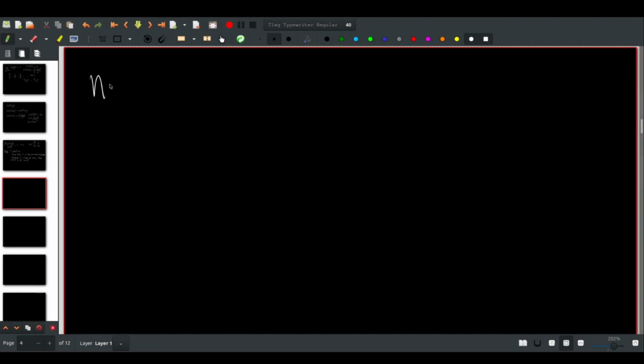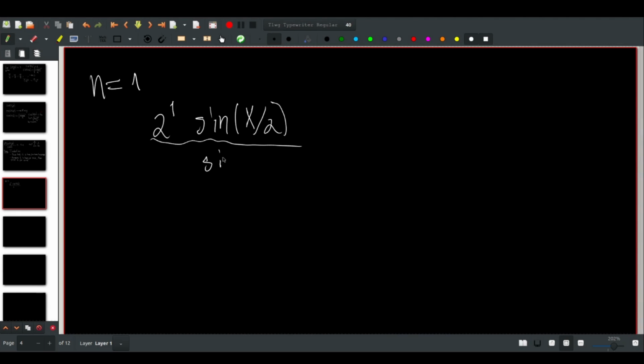Let's attempt to prove this for n equals 1. So for n equals 1, what our formula says is 2 to the 1 times the sine of x over 2, divided by the sine of x, is equal to a1. But we also know that since a1 is the product from L equals 1 to n of 1 over bL, this is actually 1 over b1, right?